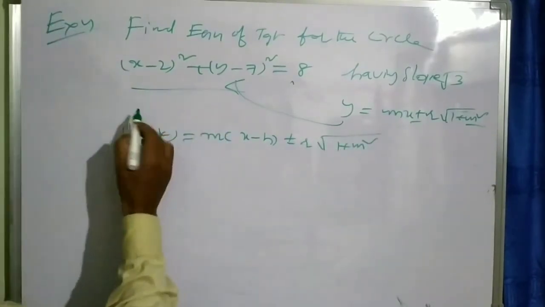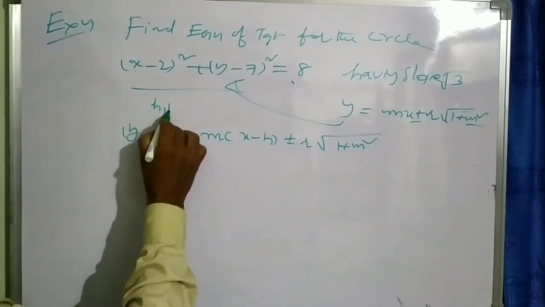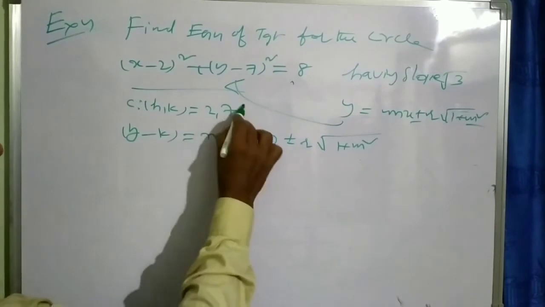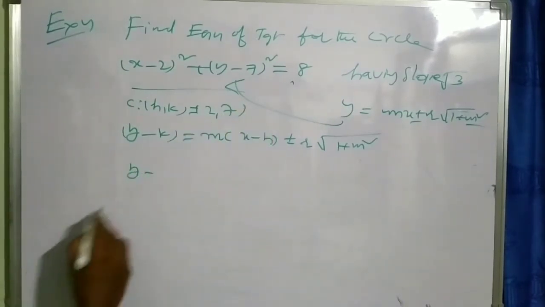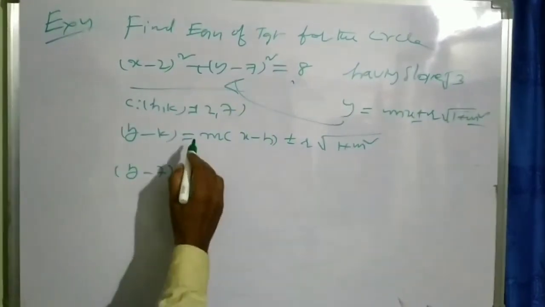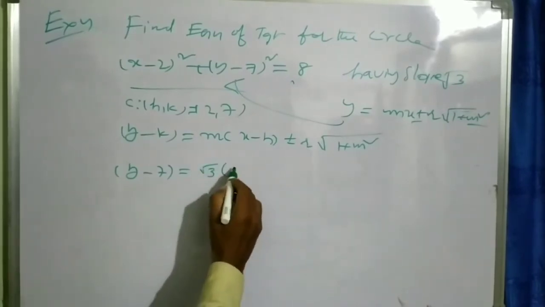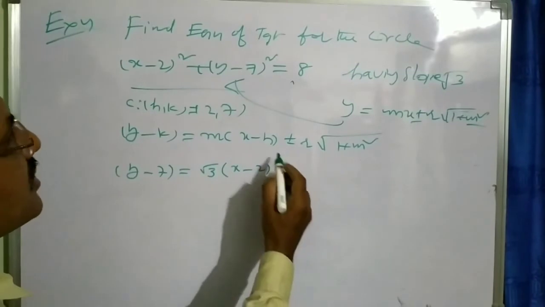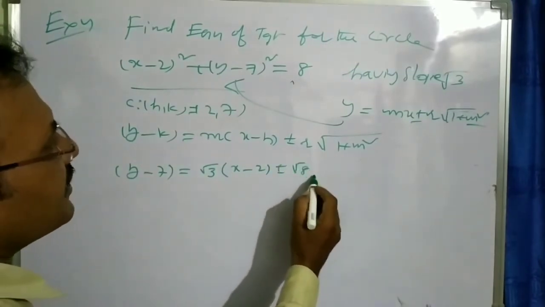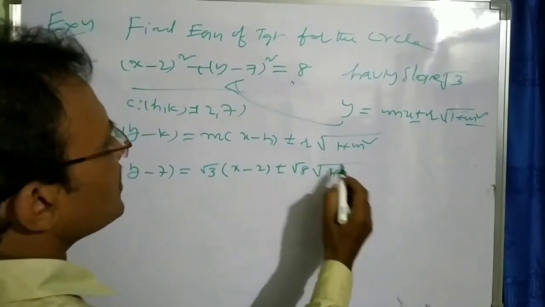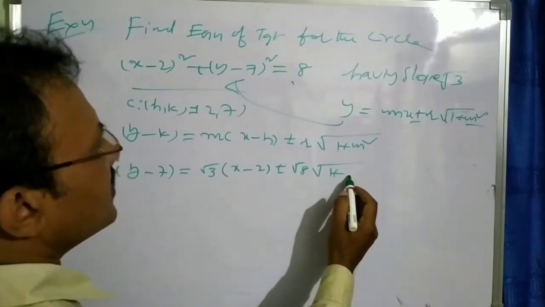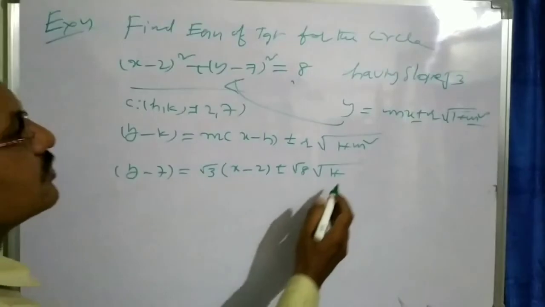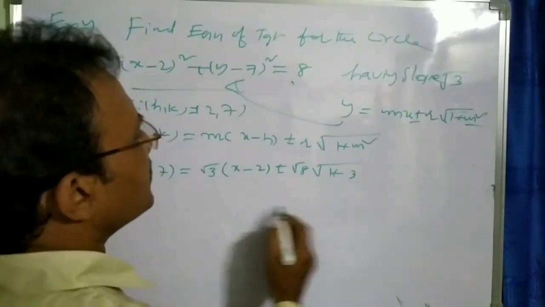For the given circle, the center h comma k is equal to 2, 7. So substitute here: y minus 7 is equal to m, which is root 3, into x minus h, which is 2, plus or minus r, which is root 8, into root over 1 plus m square, where m is root 3, whole square, that is 3.